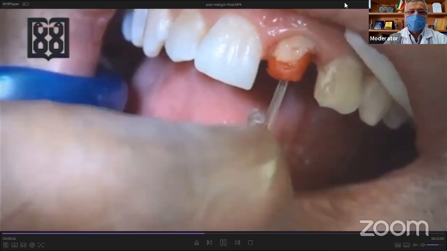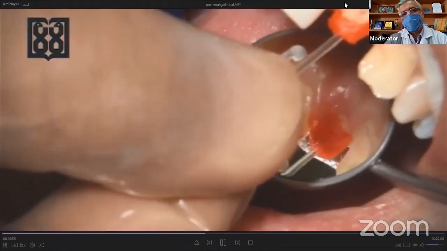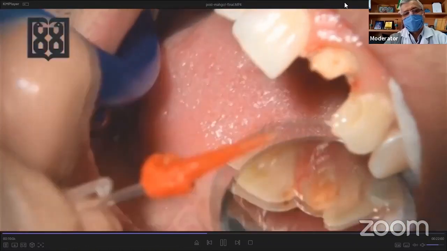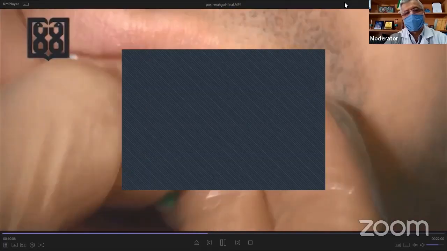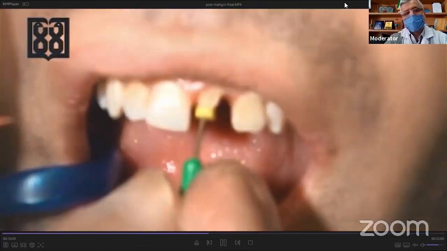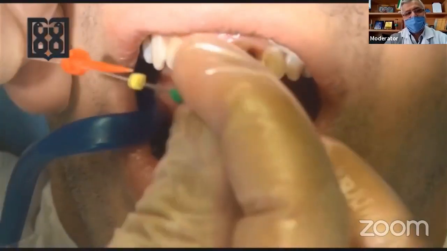After ensuring complete setting and building of the core, we can start to prepare the core part of the post, and we must again recheck the post space length.